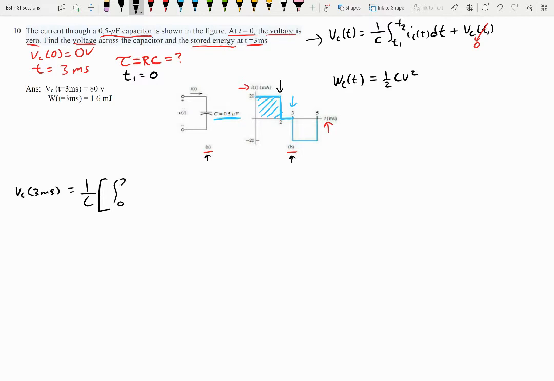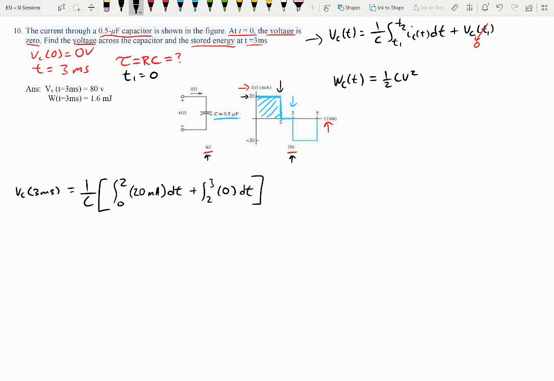So 0 to 2 milliseconds, our value is 20 milliamps, and we'll integrate that with respect to time. Plus 2 to 3 milliseconds, our value is 0, therefore dt. All right.